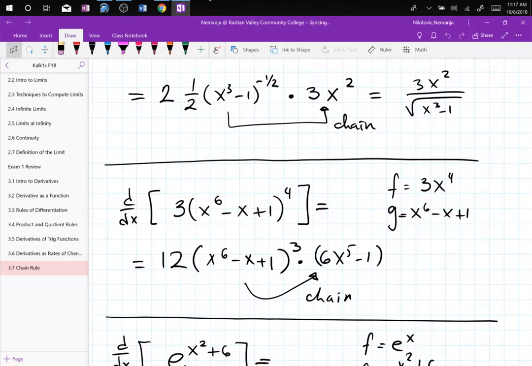Yes? No, there was not sine times sine. There's sine of sine. So you have to understand the notation, the difference between sine x times sine x, which is a product rule, and sine of sine x, which is a chain rule.